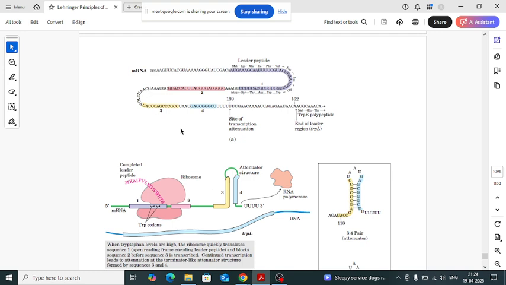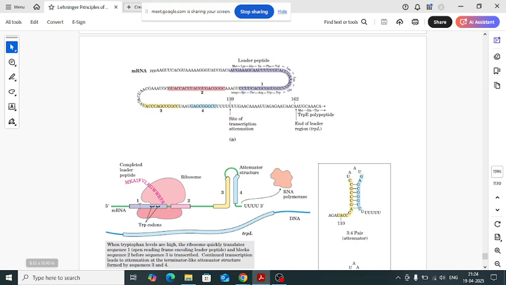So this hairpin loop made by 3 and 4 will actually play the role of attenuator, right, which will allow the RNA polymerase to dissociate, so which is basically inactivating the transcription, right?